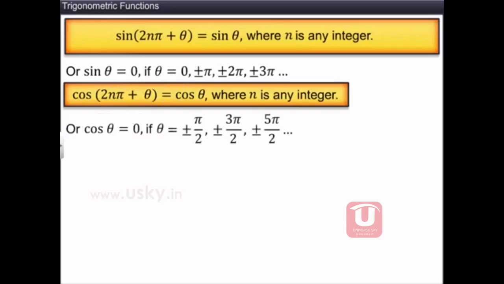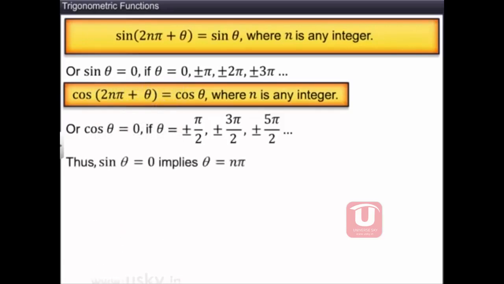We just saw that the values of cos pi by 2 and cos 3 pi by 2 are equal to 0. Similarly, cos theta is equal to 0 when theta is an odd integral multiple of pi by 2. That is, at plus or minus pi by 2, plus or minus 3 pi by 2, and so on.